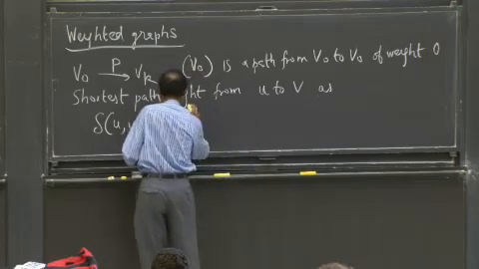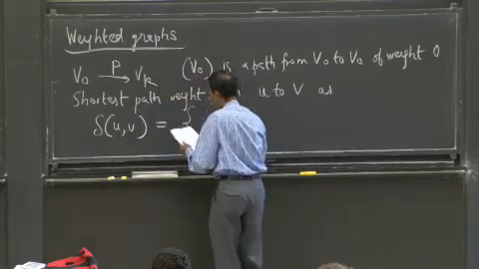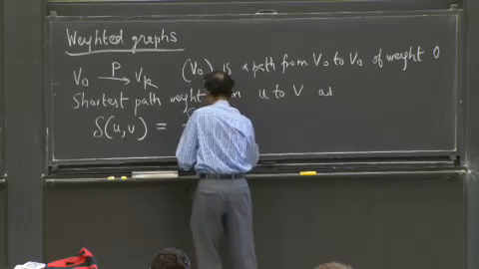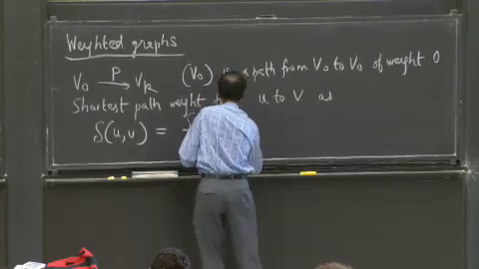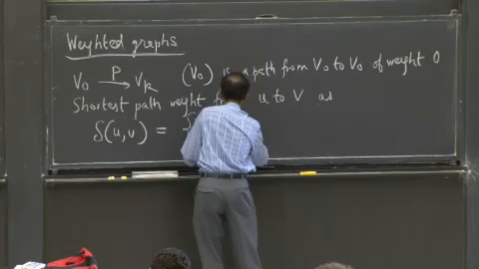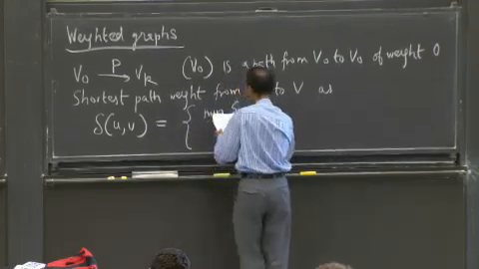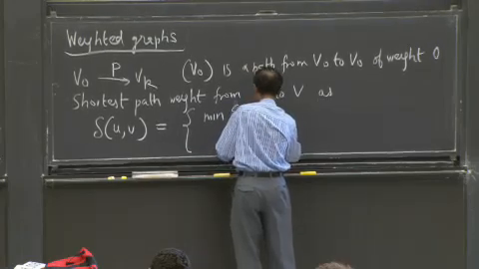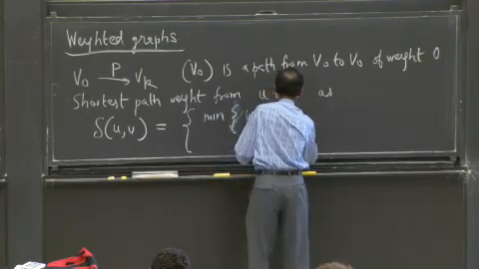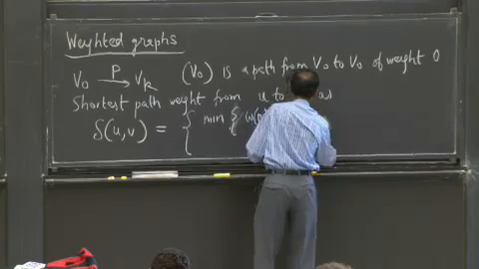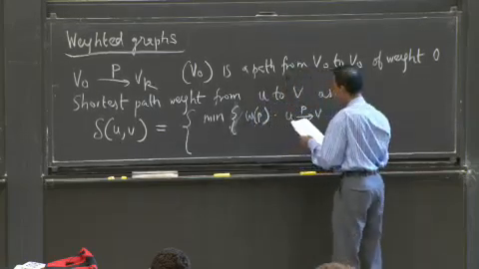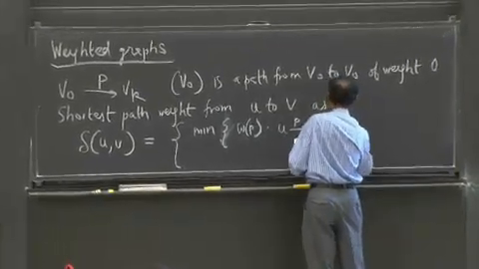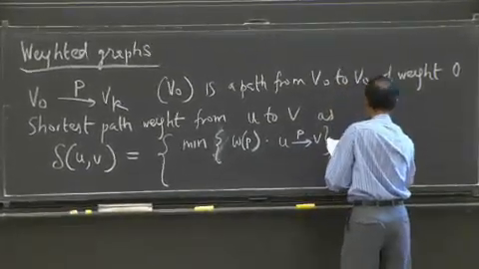In particular, what we want is delta uv to be the minimum over all the paths wp such that p is in fact a path from u to v. This is the case if there exists any such path.